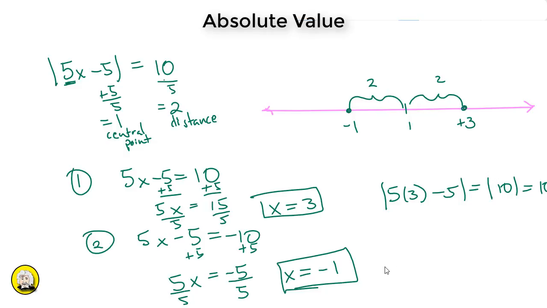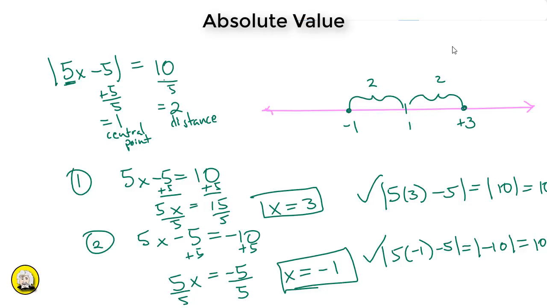And likewise, I could try 5, plugging in negative 1 for x, is minus 5 minus 5, so that equals the absolute value of negative 10, which also in turn evaluates to 10. So our solutions do check. We can understand them graphically, and we solved for our positive and negative case. Make sure you understand all three concepts.